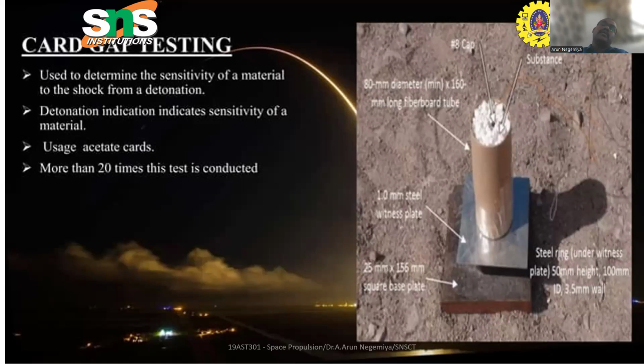For example, the card gap withstands the vibrations during the ignition process and reduces the formation of cracks during ignition. They use acetate cards to fill this gap, and more than 20 tests are conducted repetitively. Finally we make suggestions for improving the material strength.